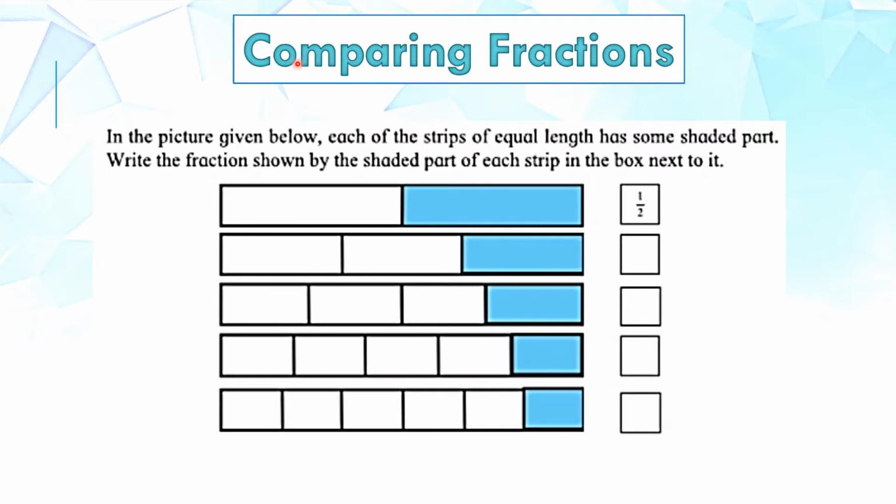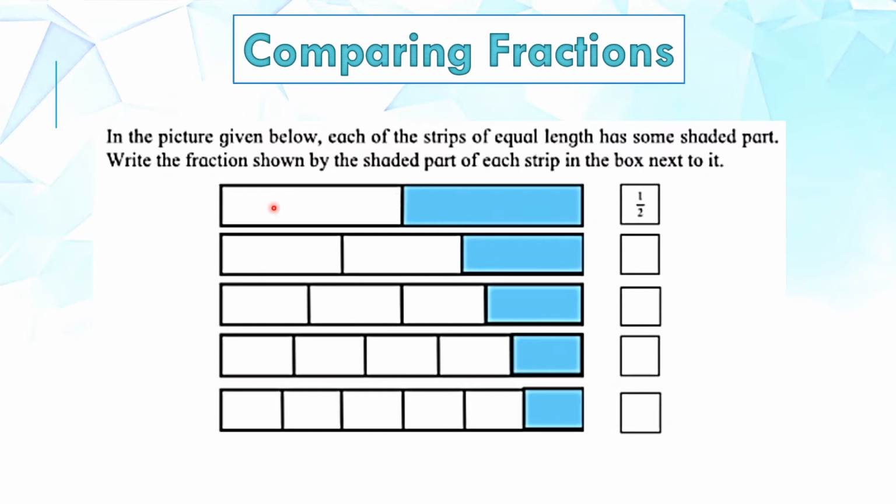Students, here different strips of the same size are there with some shaded part. Now we have to write the fraction in this given box related to the shaded part. We have to show the fraction of shaded part of each strip.